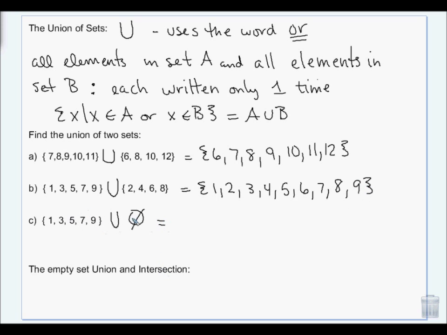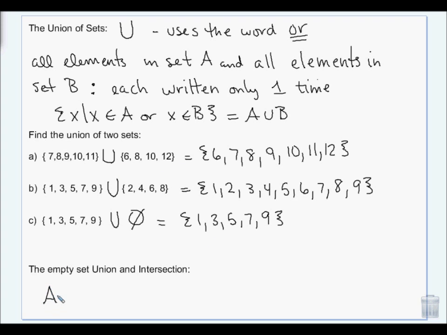Now if I intersect with an empty set, I had nothing. But if I unite with an empty set, I just get the elements from that set that had something in it. Okay.